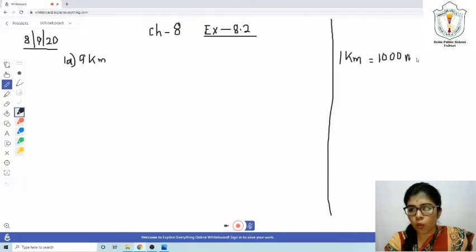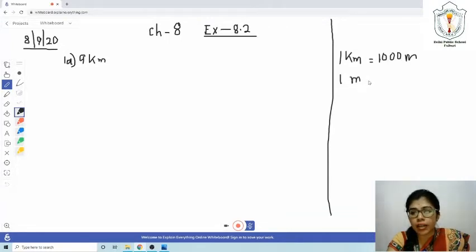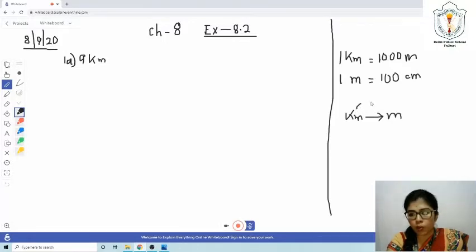Okay, 1 kilometer is equal to 1000 meter, and 1 meter is equal to 100 centimeter. This is important. So now when we go from kilometer to meter, we always multiply by 1000.